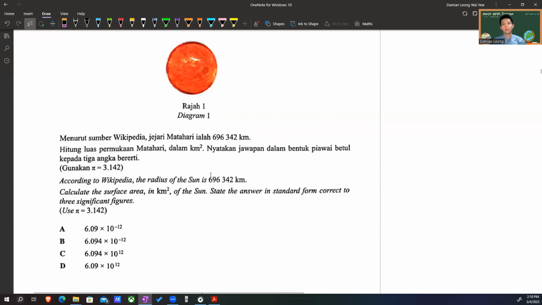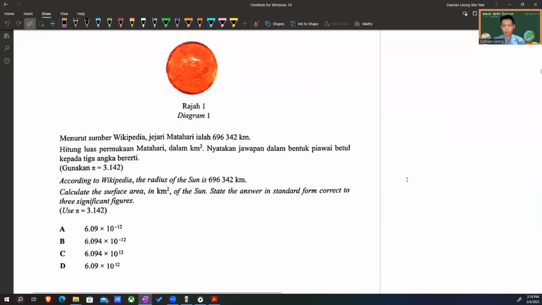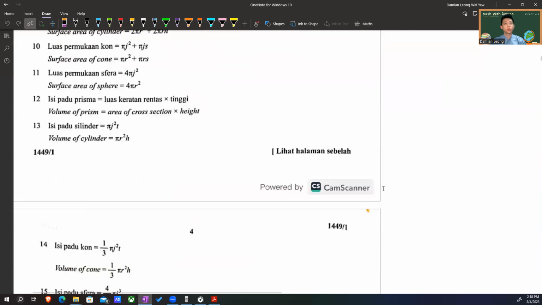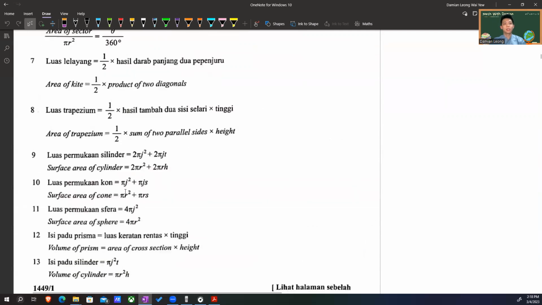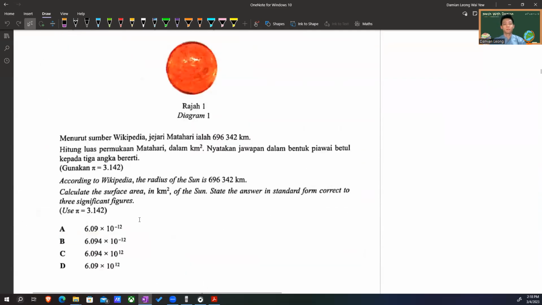So how do we calculate surface area? The sun would be a sphere, so the surface area of the sphere is 4 pi r square. If you don't know the formula, it is actually given in the formula sheet, 4 pi r square, surface area of sphere. So you just need to use the formula given.